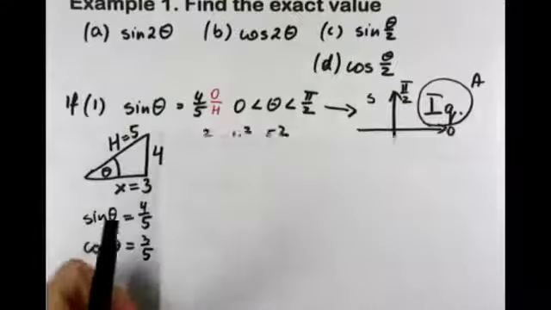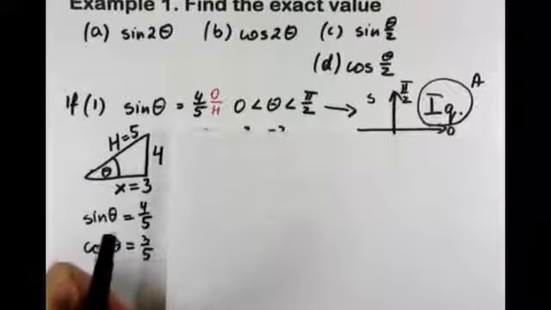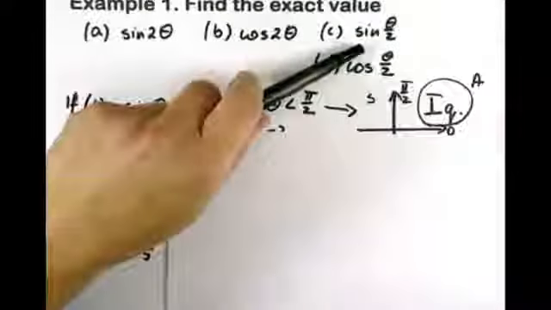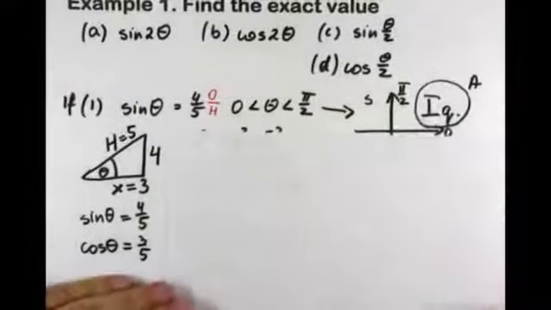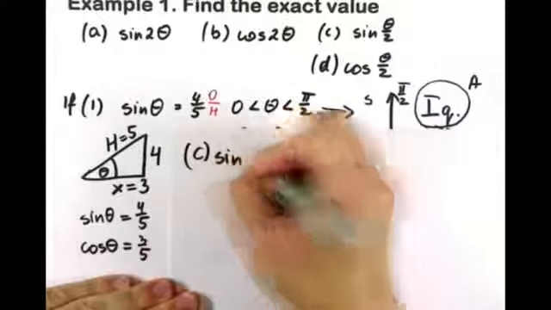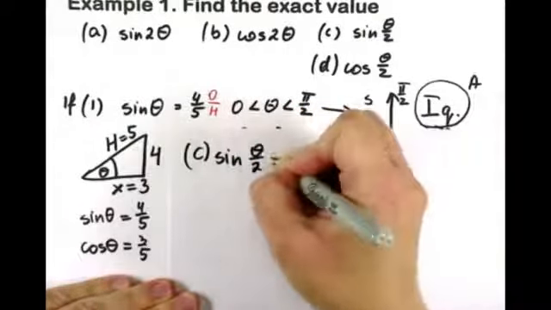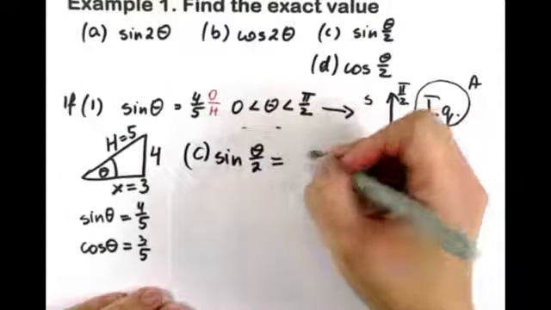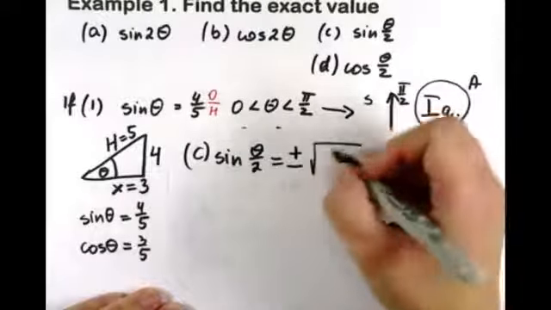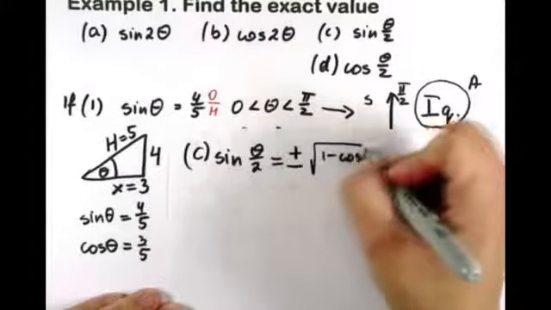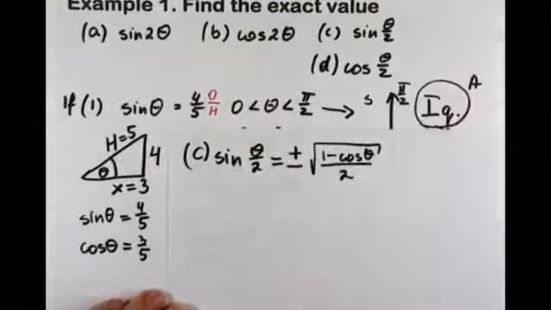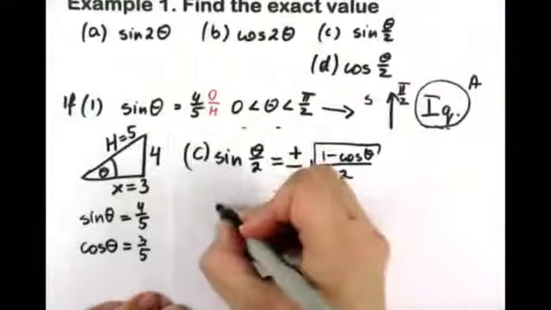Now we need to do C, half angle: sine theta over 2. From the half angle formulae, we know that this is plus or minus square root of 1 minus cos theta over 2. Now I substitute the values.